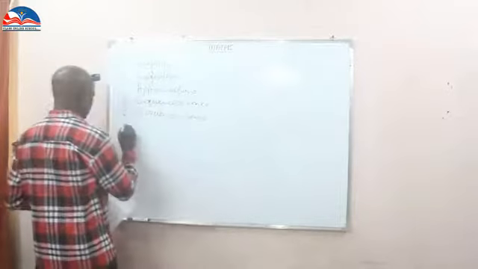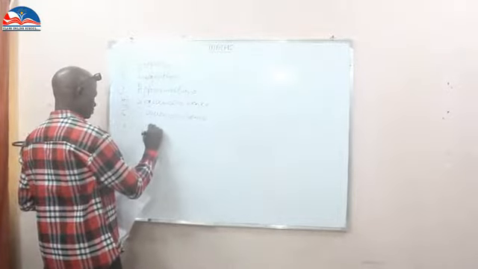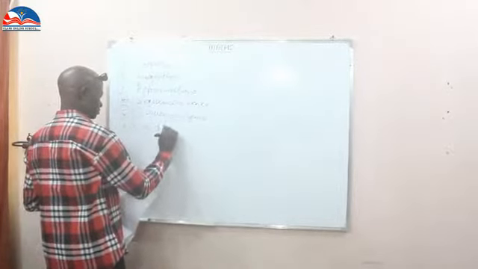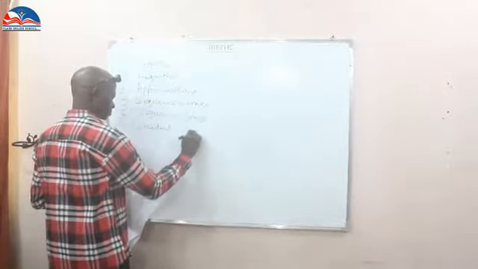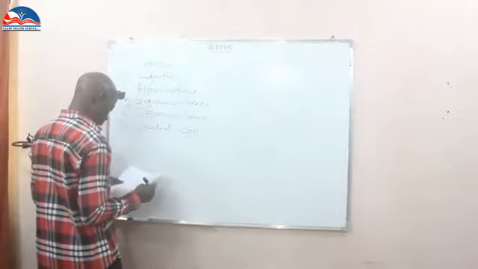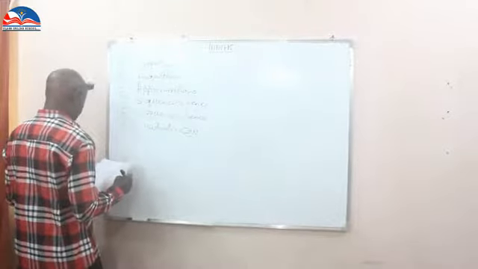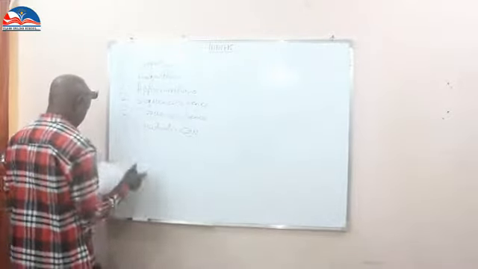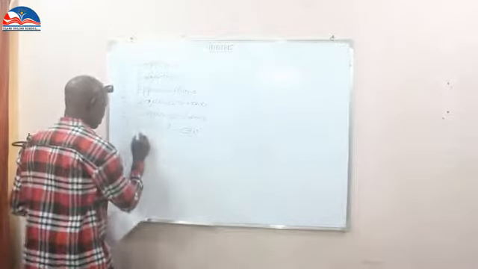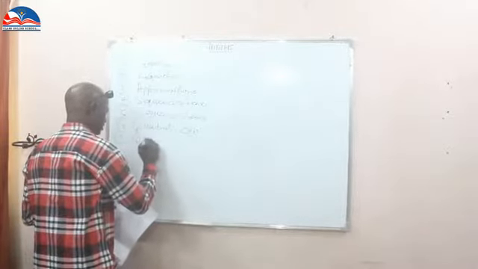For the sixth week, it's quadratic equation. For the seventh week, the same quadratic equation goes on. You have 2 weeks.